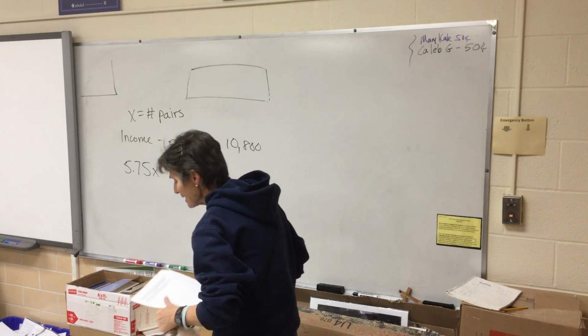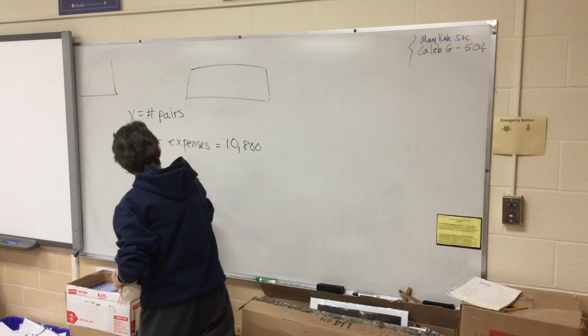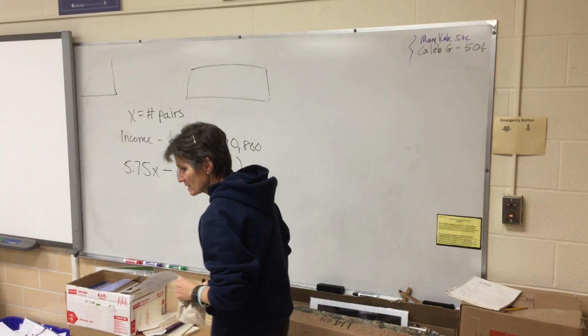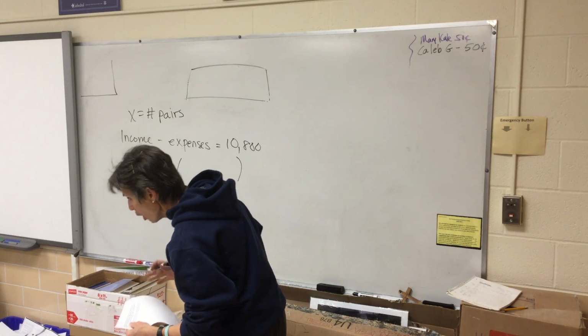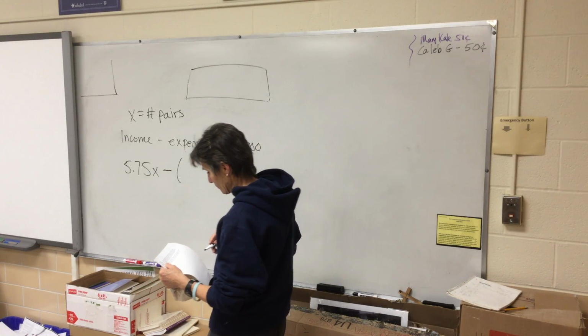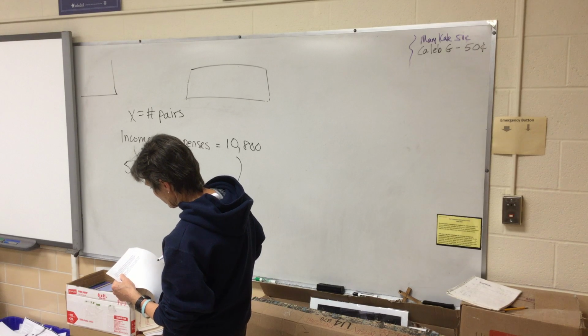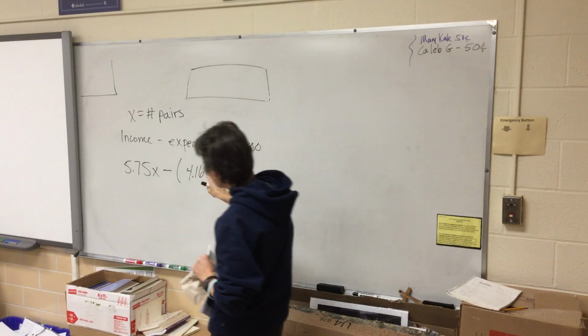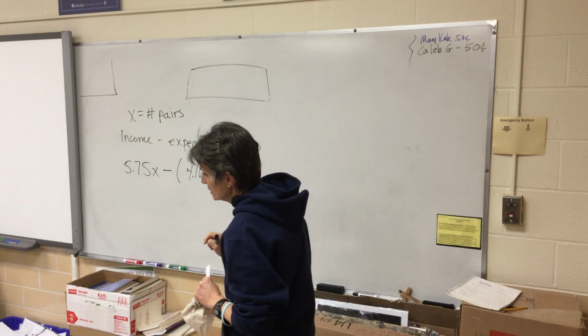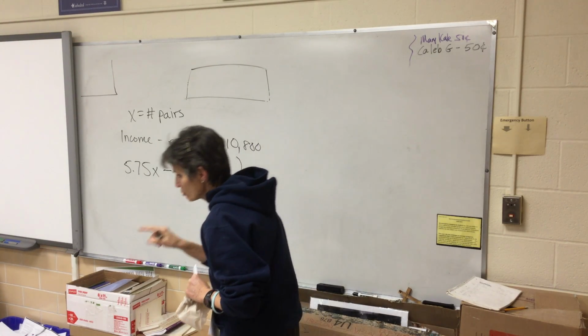Now, how much is he paying out? What are his expenses? What are his costs? $4.16. Yeah, so 416x, that's how much he's paying to make the socks. But there's more than that.